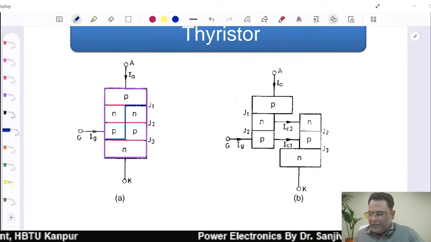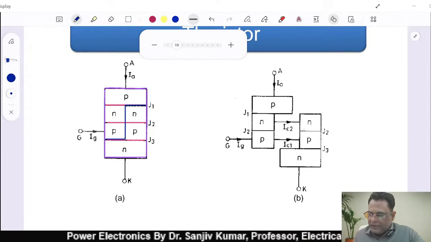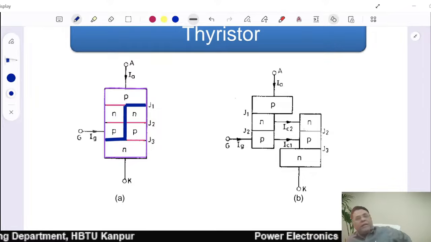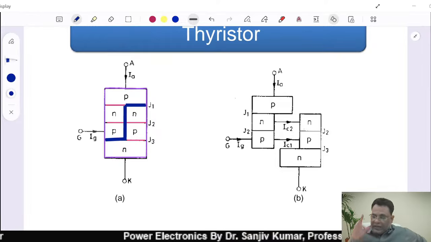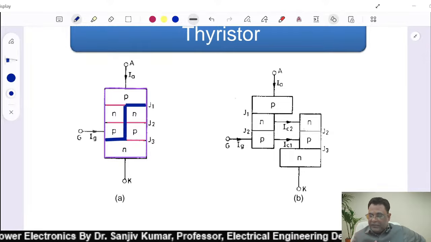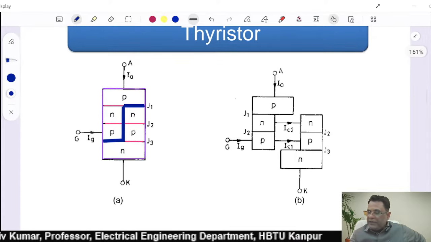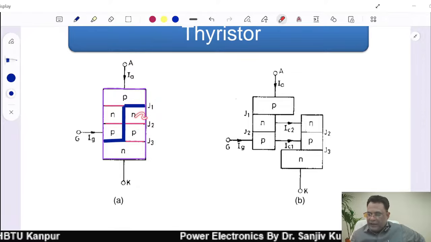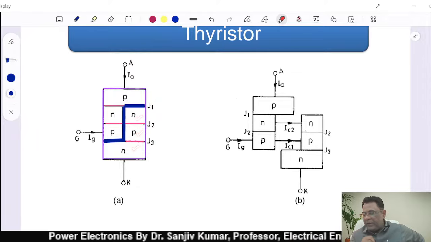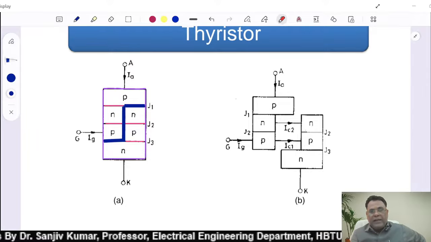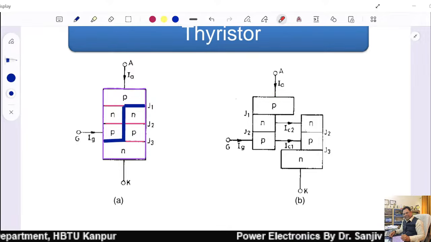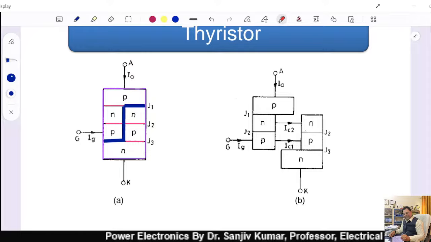I just do it like this. Now see what happens. If I consider it like this, it becomes two transistors connected in this fashion. One is PNP, and the other one is NPN.